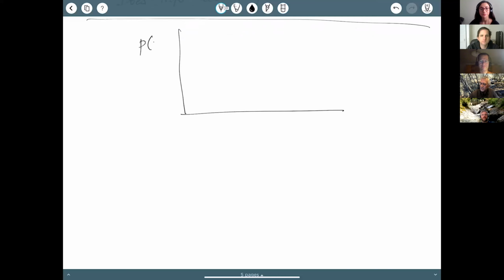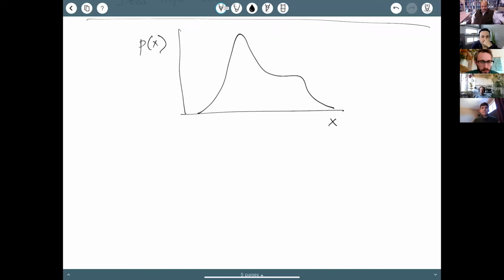Can you guys see my screen? Yes. So we have this notion of the event X and the probability of the event P of X, okay?